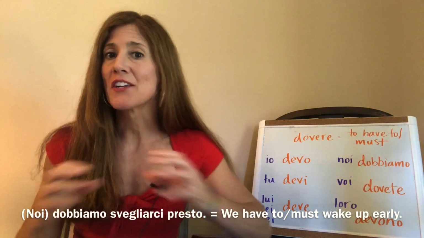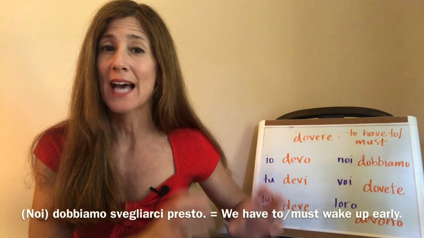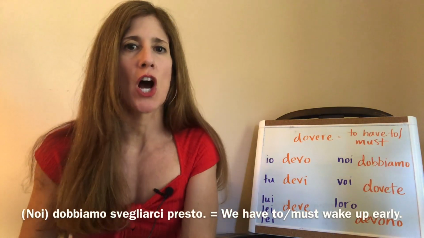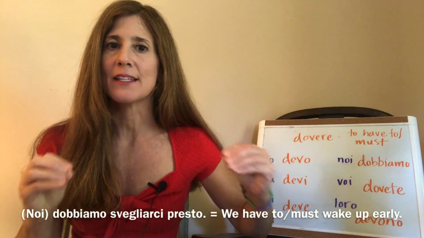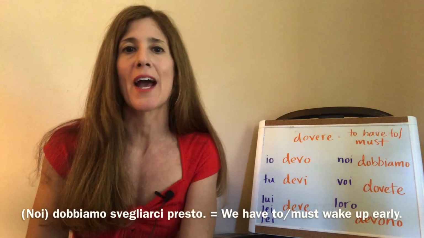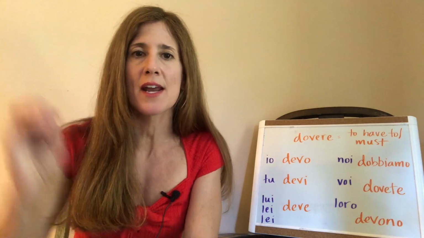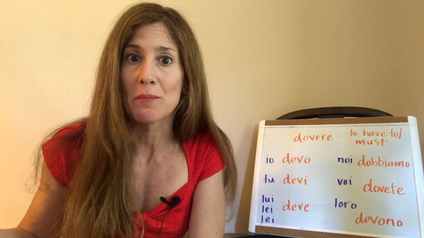So that svegliarci, that's a reflexive verb, and the pronoun was attached at the end. So if you caught that, good job. You have to leave that verb svegliar in the infinitive, drop the E, and then attach the pronoun on the end, okay? So it's very simple. So conjugate dovere, follow it with an infinitive. E basta, è molto semplice.